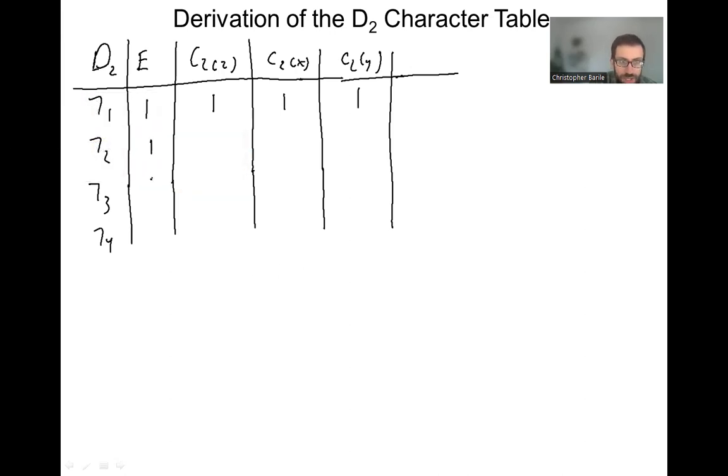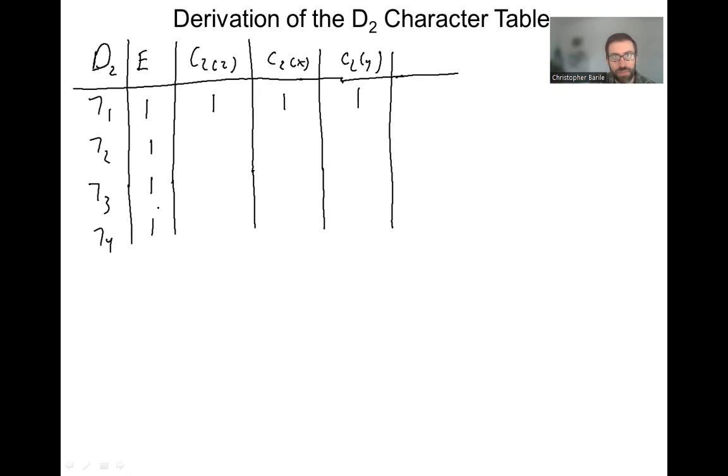And at this point, we can use one more rule to come up with our final table pretty quickly. And that is that we have to be orthogonal. And so all these vectors, gamma 1, the dot product of any 2 vectors has to equal 0. That's what orthogonality means.